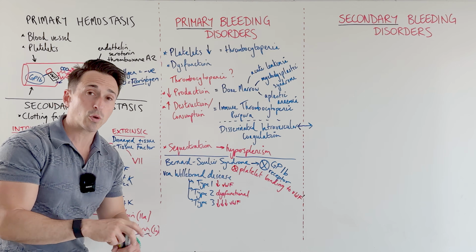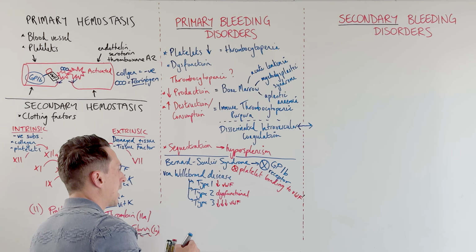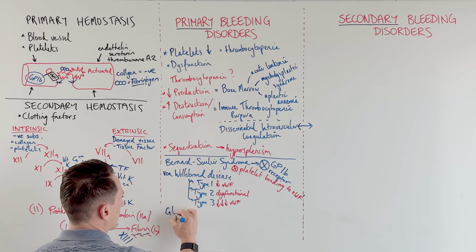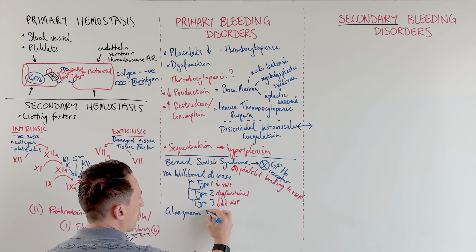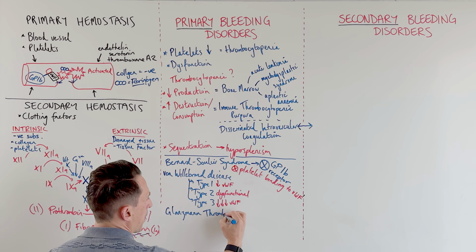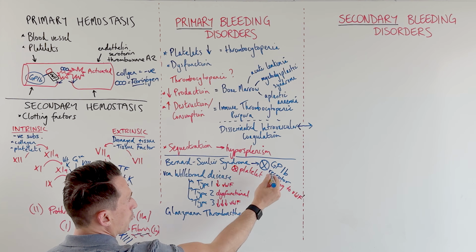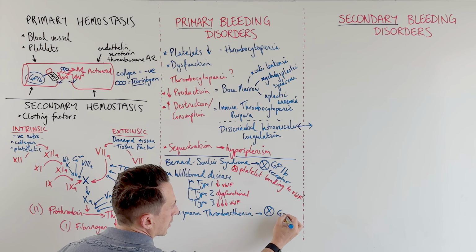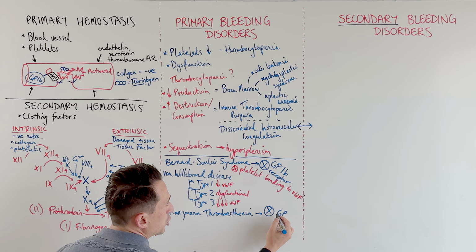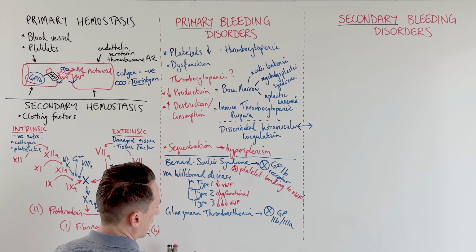You've also got another one called Glanzmann thrombasthenia. This is another receptor issue, right? So this is a problem with another GP receptor, GP2B3A.